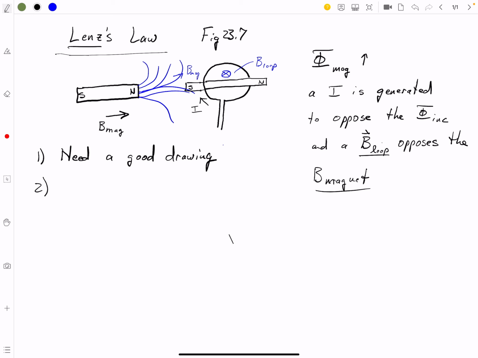So we determined that the magnetic field is going to go in that direction.